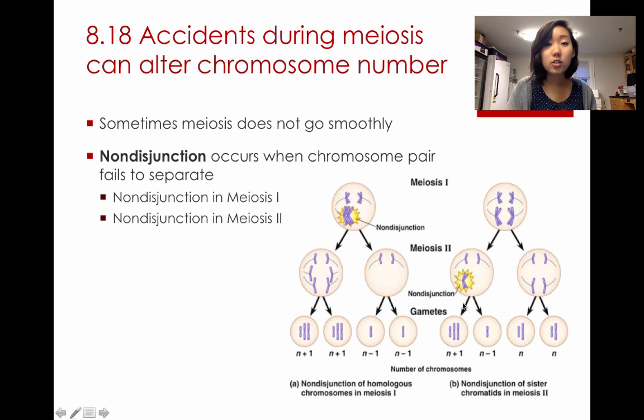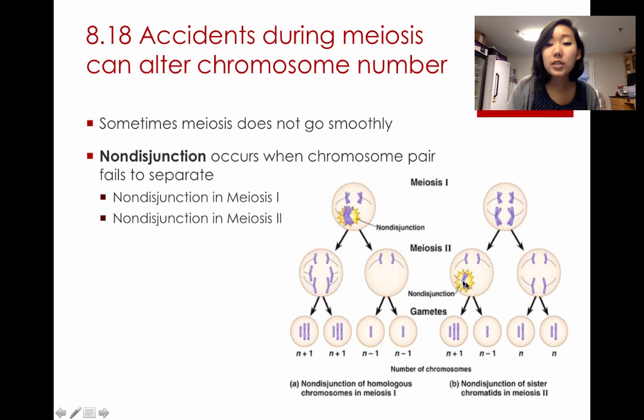You can also have non-disjunction in meiosis 2. That means that the homologous pairs of chromosomes separated like they were supposed to, but then in one of the daughter cells, the pair of sister chromatids will not separate. In one of them it will separate just fine, and you'll have 2 of the daughter cells being exactly like what they're supposed to be.